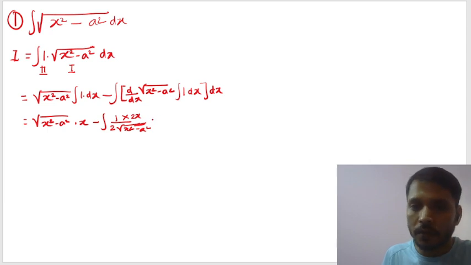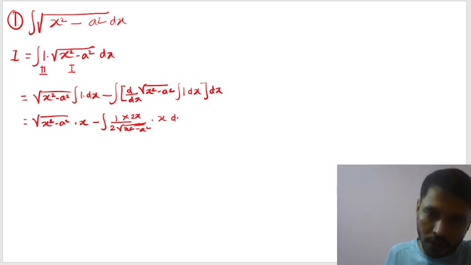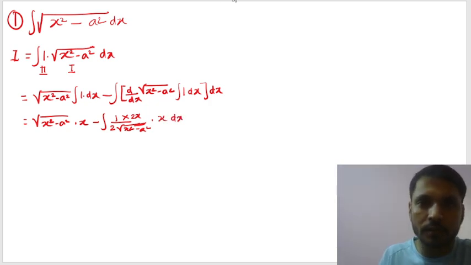And from the integration of 1 dx we are getting x into dx. So what are the common terms here? If you see carefully, this 2 is common in both numerator and denominator, so we can cancel, and this x and x will become x square.